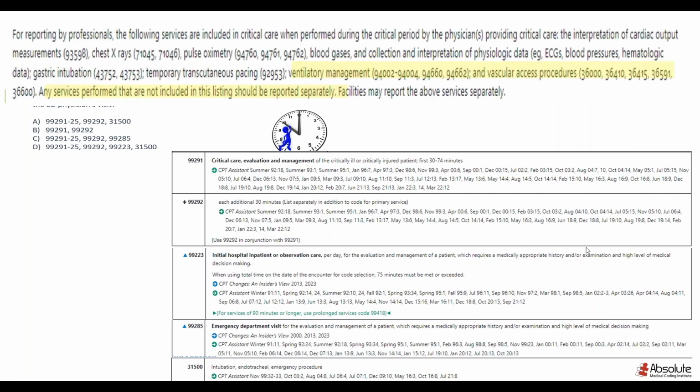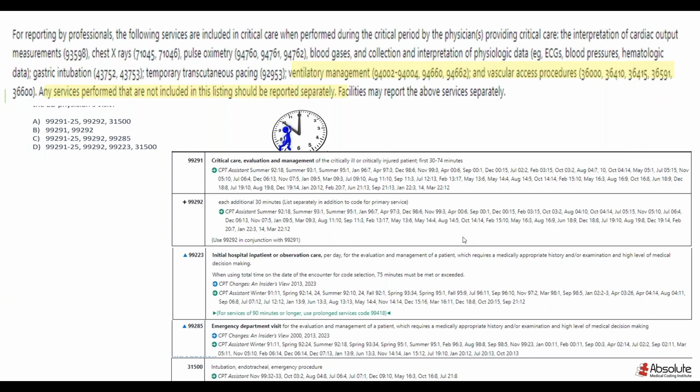And we have a guideline to refer to here, coders. It states that for reporting by professional, the following services are included in critical care when performed during the critical period by the physician providing critical care: the interpretation of cardiac output measurement, chest x-rays, pulse oximetry, blood gases, and collection and interpretation of physiologic data, gastric intubation, temporary cutaneous pacing, ventilatory management, and vascular access procedures.